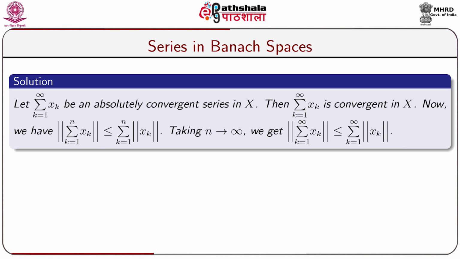This is possible due to the triangle inequality in a normed linear space. And letting n tend to infinity, and since the norm function is continuous, we get norm of sigma k = 1 to infinity x_k is less than or equal to sigma k = 1 to infinity norm of x_k.